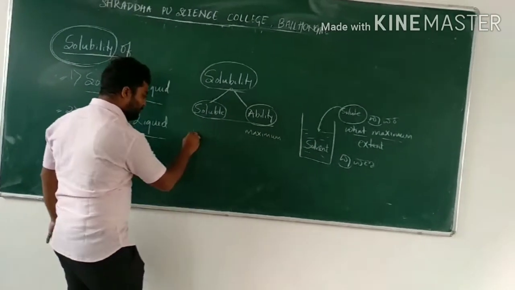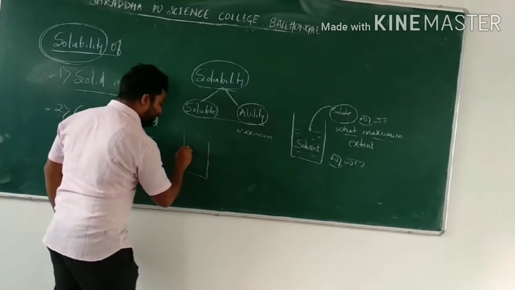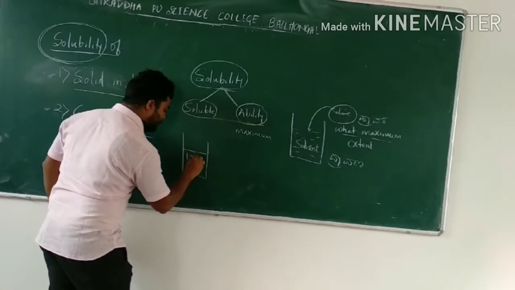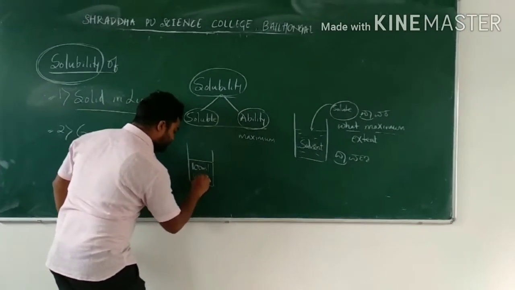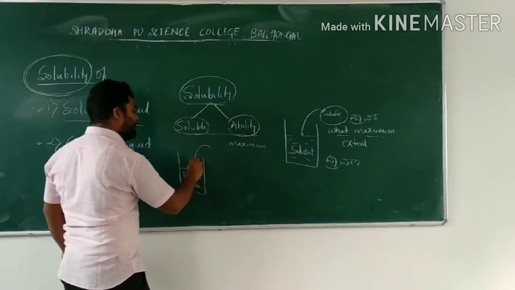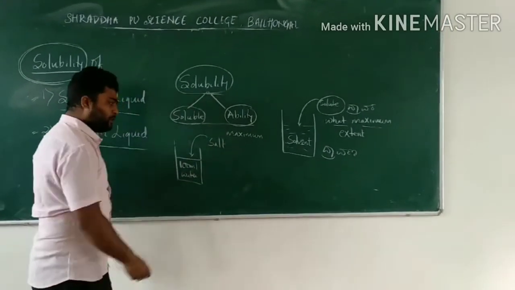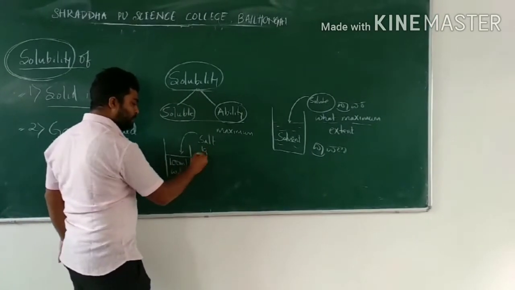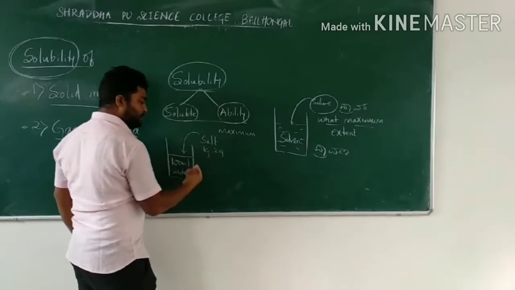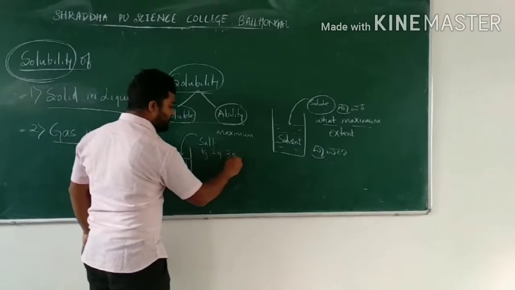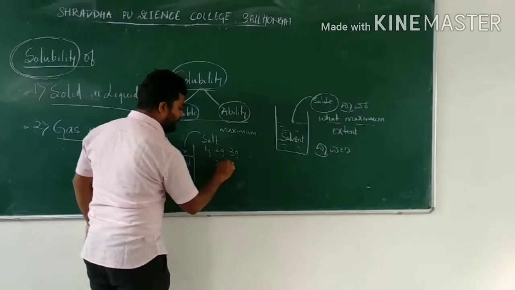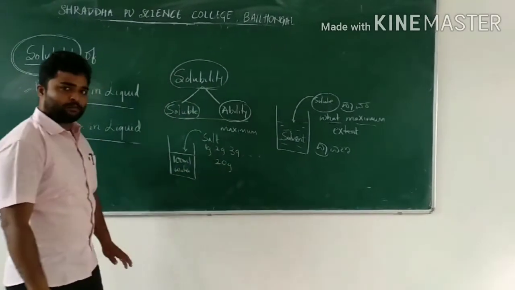For example, if you are considering 100 ml of water, you keep on adding salt to it. First you add 1 gram, it becomes soluble. Next you add 2 grams, it becomes soluble. Next you add 3 grams, and so on. Up to 20 grams you add, it will be soluble.